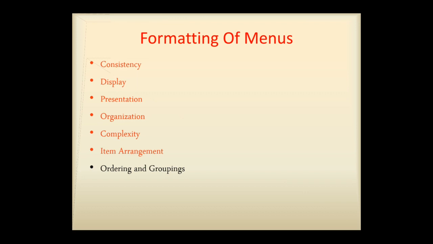Alphabetical order can be used in case of long lists, and short lists too, with no obvious pattern or frequency, right? So it's very necessary to maintain a consistent ordering of options on all the related menus.